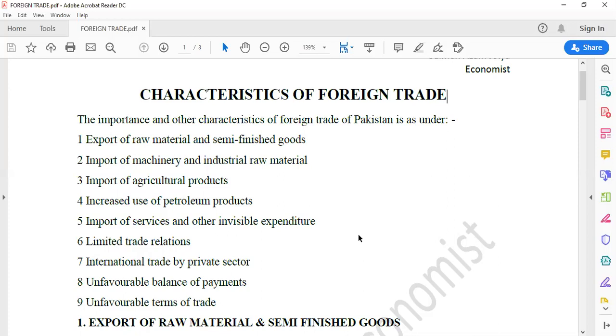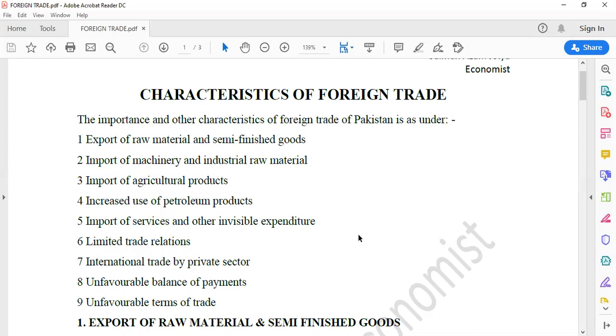We are also unable to produce finished products, whereas we produce semi-finished goods, which are known as intermediate products. Intermediate products are those which can be taken as an input and some output can be produced from those inputs. When we export something that is less expensive and not a finished product, that means our exports would be lower.